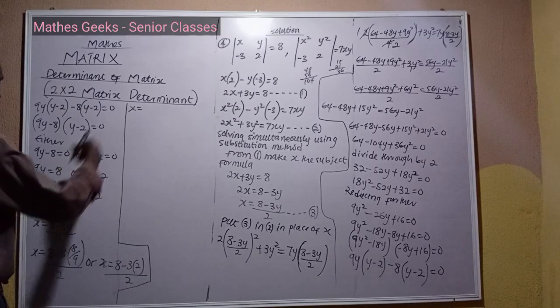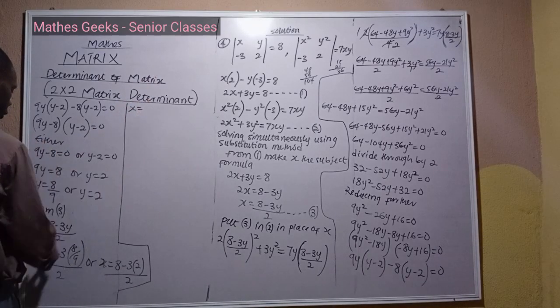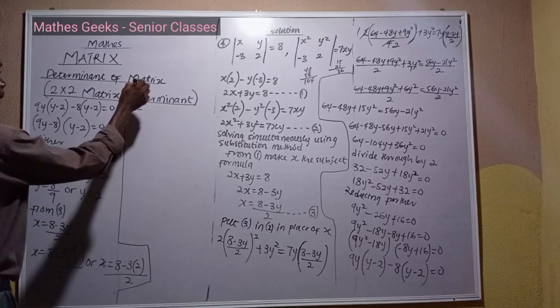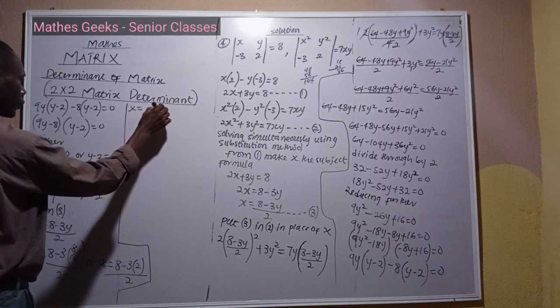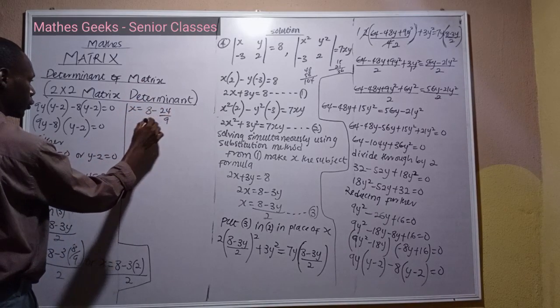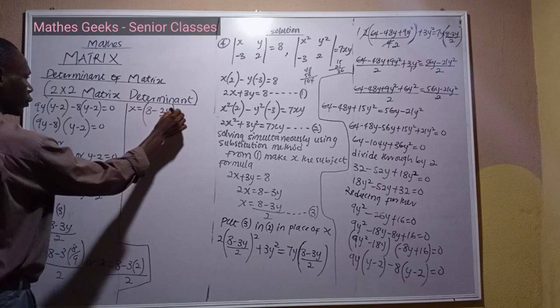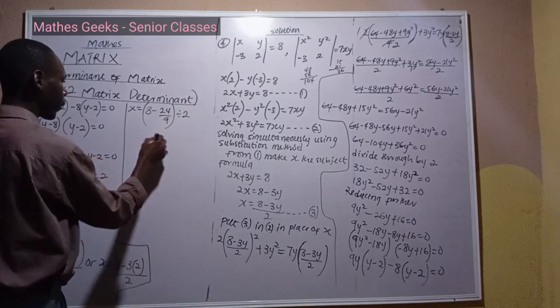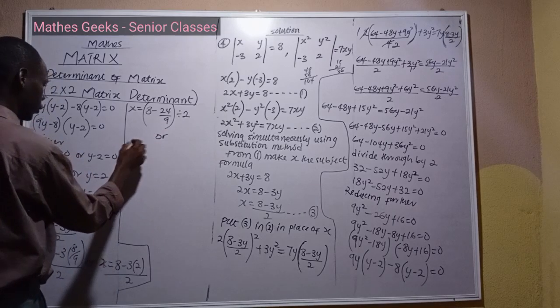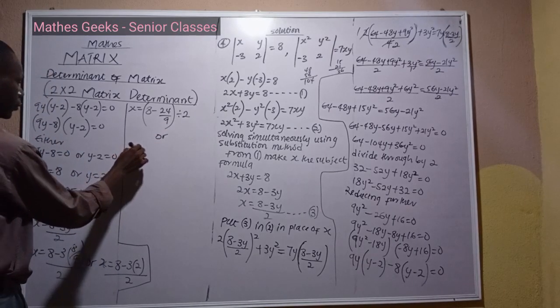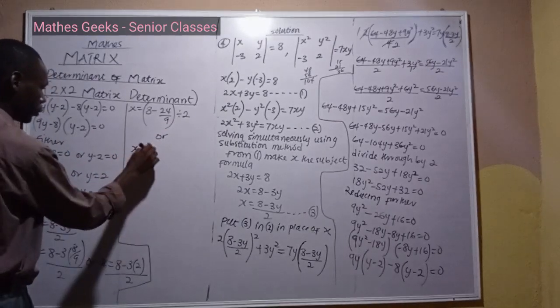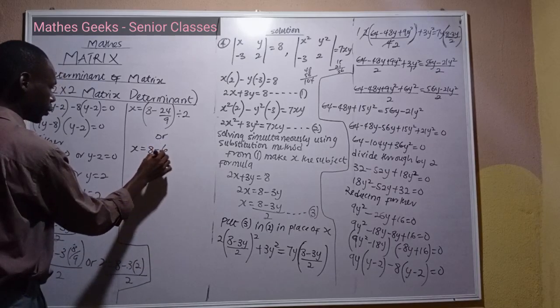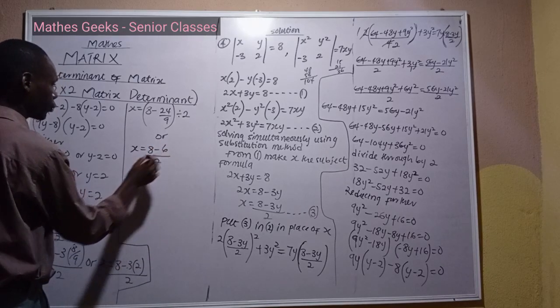So 8 minus, well, let me just go this way, 3 times 8 is 24. So we have here 8 minus 24 over 9, divided by 2. Or x is equal to 8 minus 3 times 2, 6 over 2.